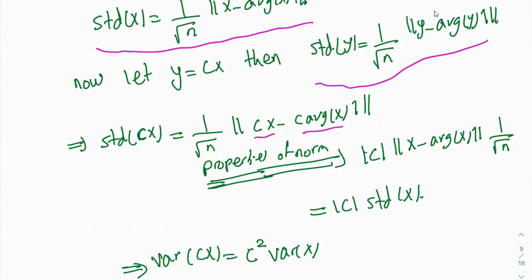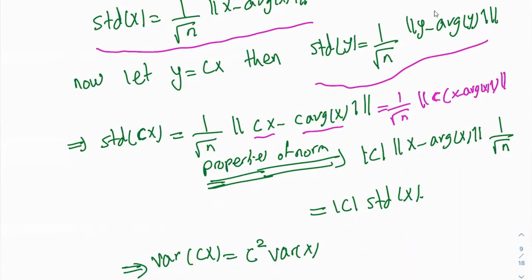Now we use the properties of norm. Perhaps it would be useful if I write one more step: c times the average of x. You remember the first property of the norm, non-negative homogeneity, isn't this the same thing?